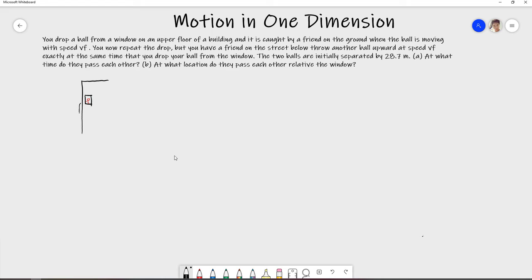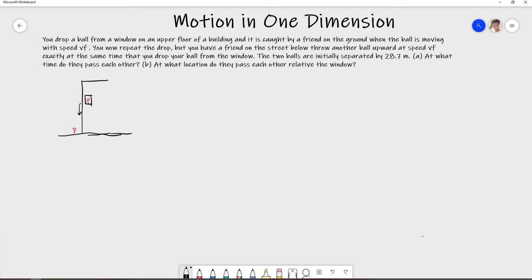Say the motion of the stone is going downward, and there's a man below the building who catches that stone and throws it upward too.